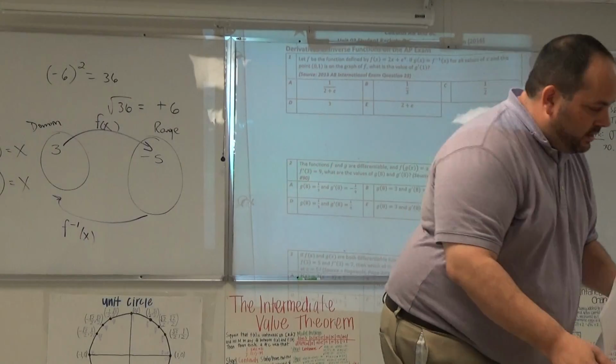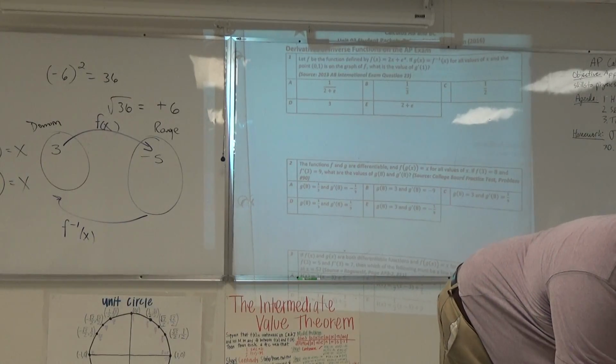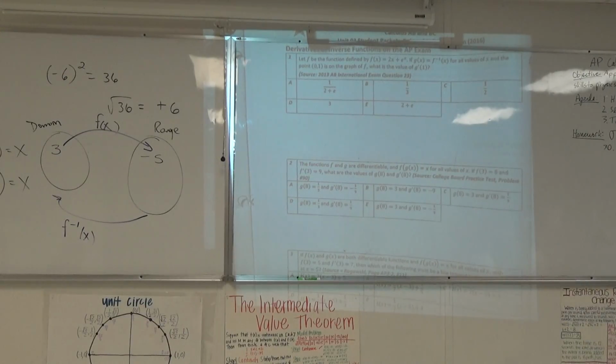Alright, friends, how are you? What do we get for the first one? Alright, so we've got foldables for Aaron, I remember, and Myra, and Celeste.